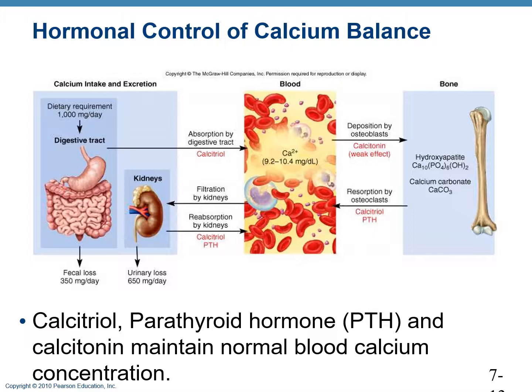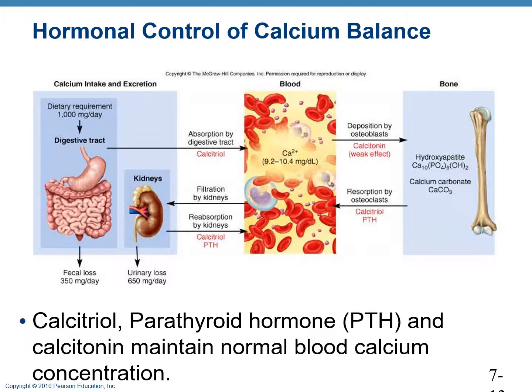You see this arrow leading away from the bone to the blood supply. So how it does that is by increasing calcium absorption by the small intestine. So you see here calcitriol increasing calcium absorption by the small intestines, by the digestive tract. That's going to increase our blood calcium level.